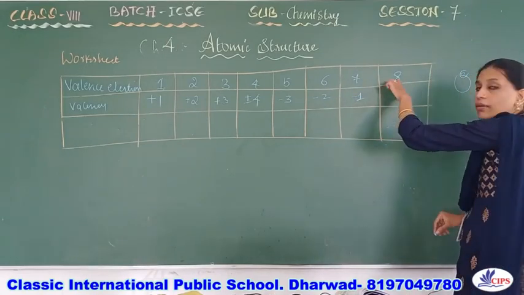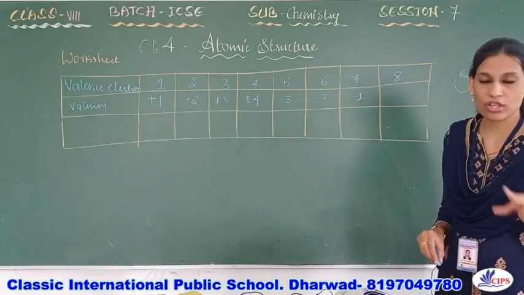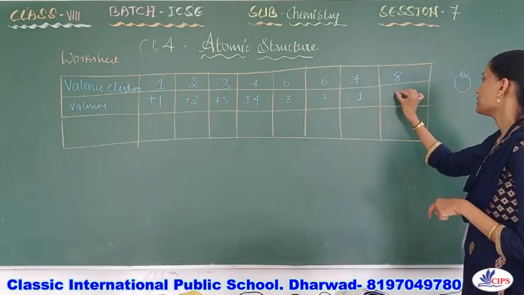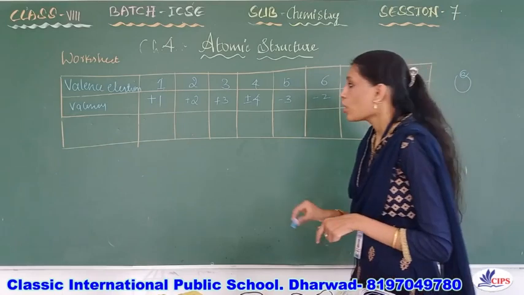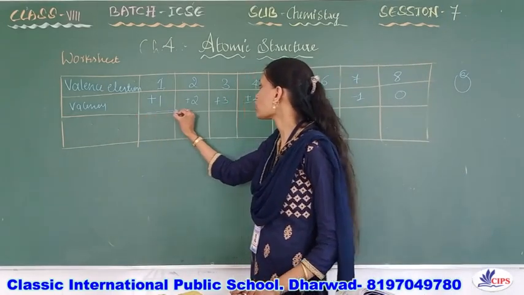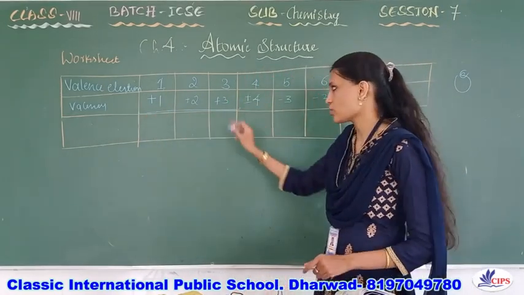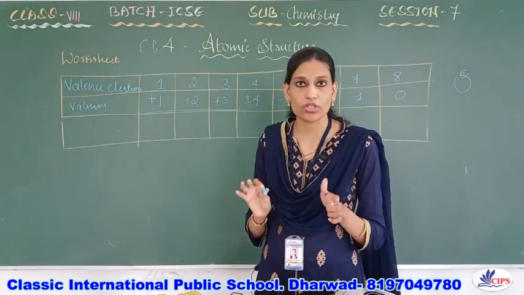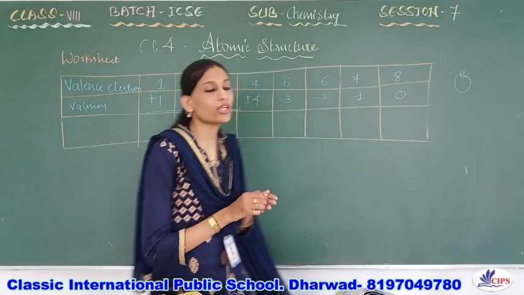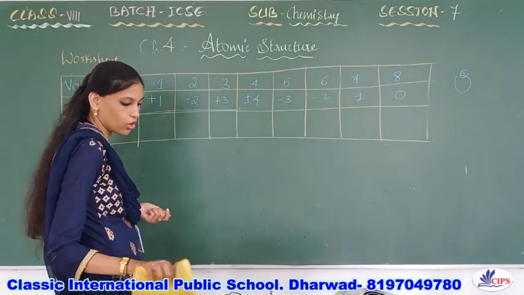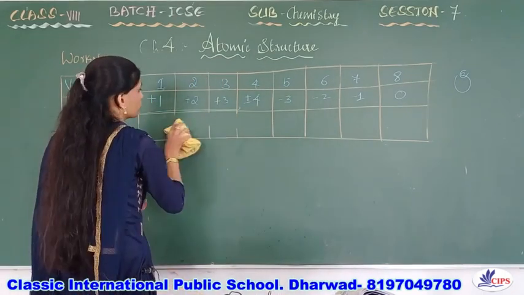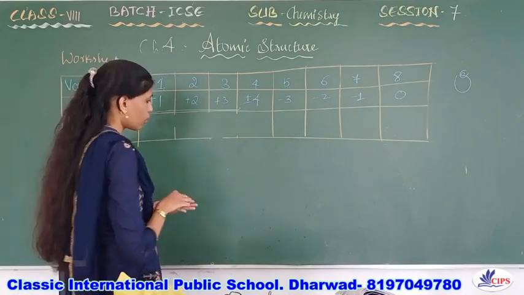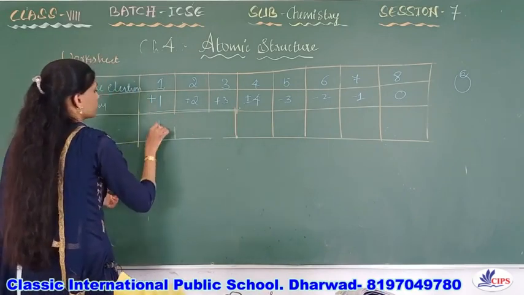Whereas if it has a completely filled shell, 8 electrons in its shell, the valency is 0. All those elements which have positive valency, all are metals.